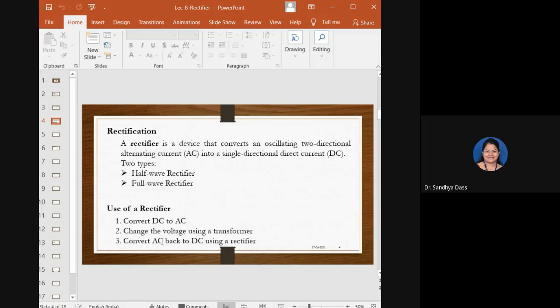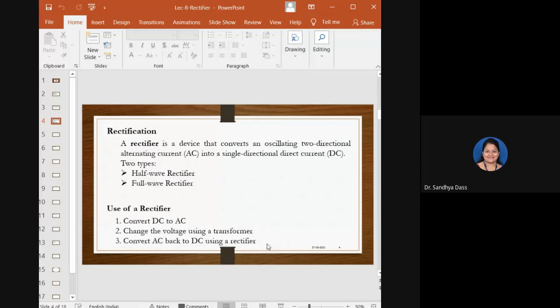Or converting AC back to DC, or DC back to AC, wherever such conversions are there, you come across rectifier circuits. So, in order to understand the vast applications we are coming across now, the conversion of the power from one level to another, or one type to another, every circuit includes a rectifier.